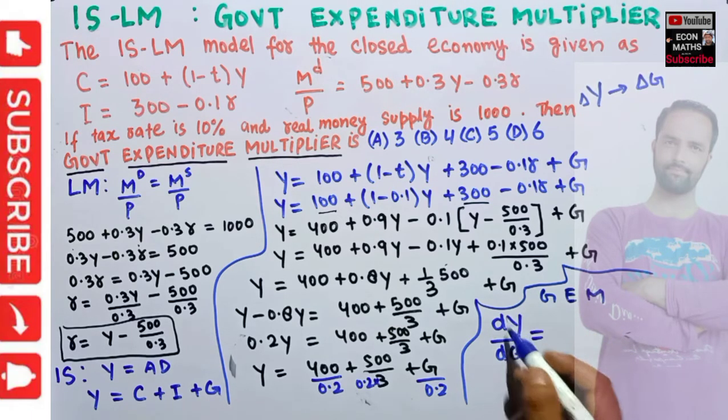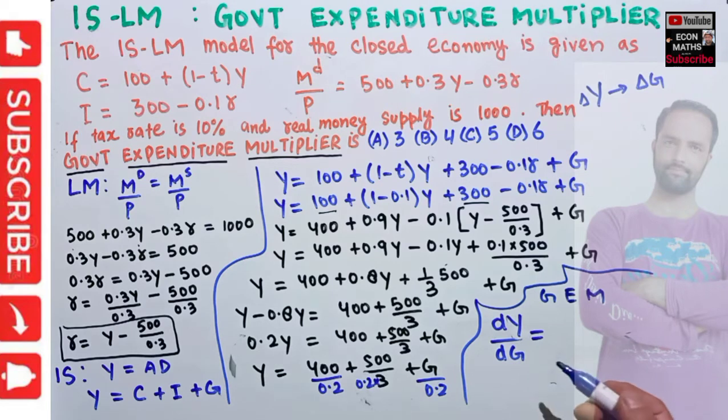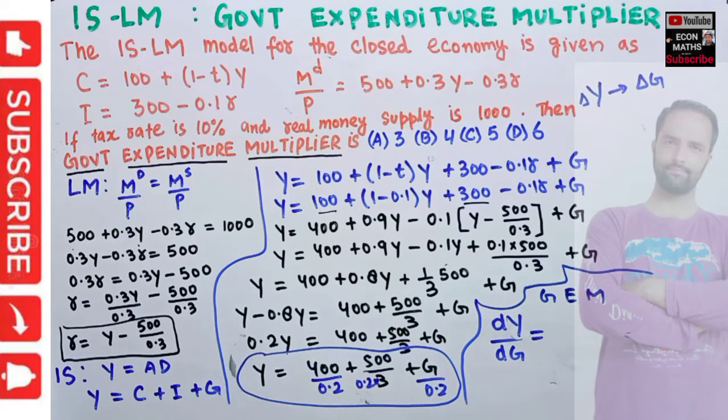So dy upon dg shows us the change in our output when there is a 1 unit change in our government expenditure. That means we need to take the partial derivative of this function with respect to g. Since no g is involved in the first two terms, their derivative will be 0. The derivative of g is 1, so we are left with 1 upon 0.2.